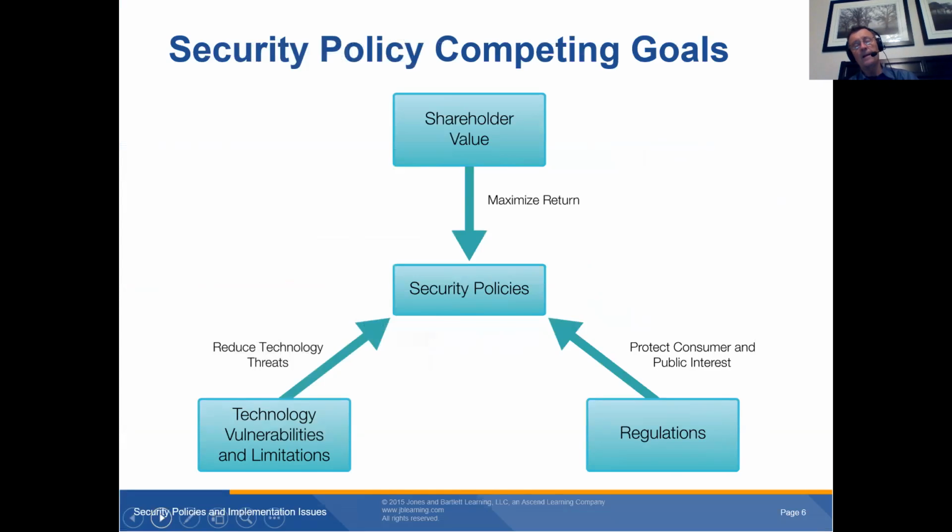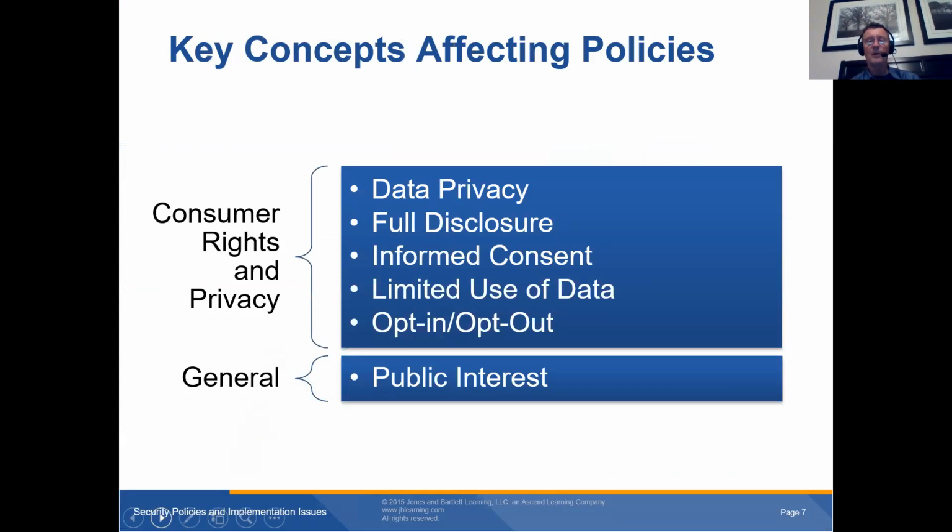And so it causes us to have a series of competing goals. If we're maximizing shareholder value, we wouldn't be spending as much money being compliant with different regulations, but we have to be compliant or they'll shut us down. That doesn't maximize shareholder value. So there's a lot of things pushing and pulling.